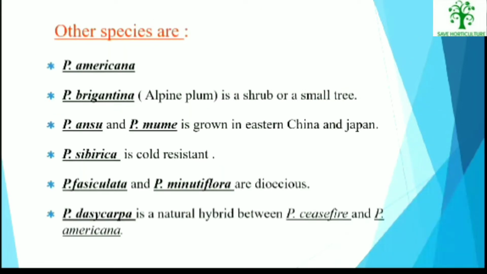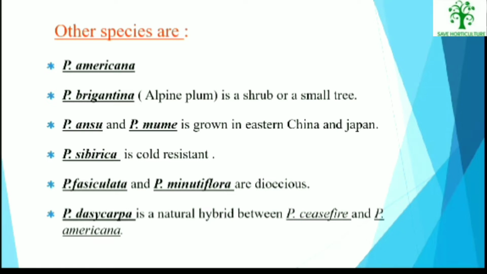Other species are Prunus americana, common name American plum. Prunus brigantina, common name alpine plum, is a shrub or a small tree. Prunus ansu and Prunus mume are grown in eastern China and Japan.